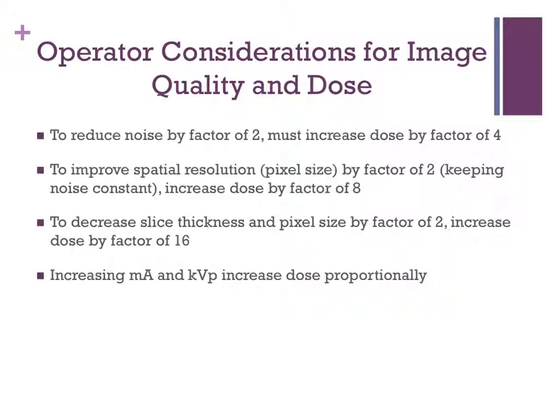To decrease the slice thickness and the pixel size by a factor of 2, then you need to increase the dose by a factor of 16. And also, increasing the mA and kVp increase the dose proportionally. So as you kick up that mA or kick up that kVp, it does increase the overall dose to the patient.